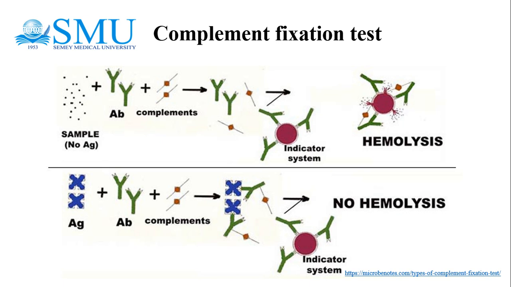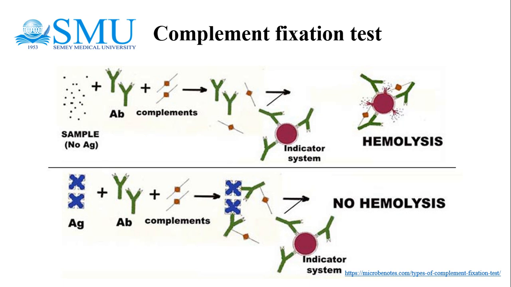Before starting the test, serum inactivation at 56 degrees Celsius for 30 minutes is done to remove the non-specific inhibitors of complement present in serum. In the first step, antigen plus test serum plus guinea pig complement are all added together.